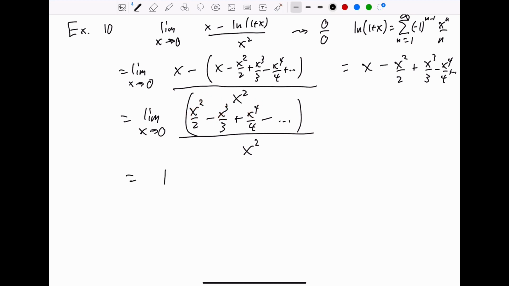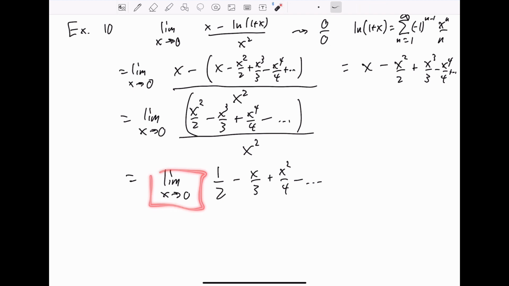So we're left with the limit as x approaches 0, x squared divided by x squared, those cancel, so that's just 1/2, minus x cubed over x squared is just x, so x over 3, plus x squared over 4 minus etc. And now we're taking the limit as x approaches 0. There are infinitely many terms here, but each of those terms is going to have some power of x.